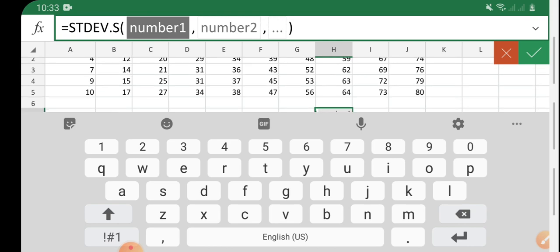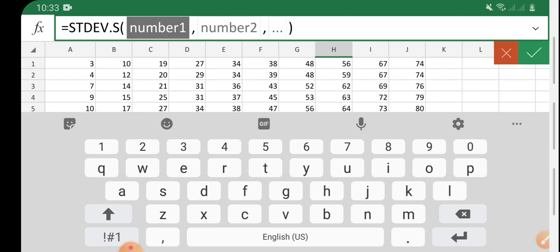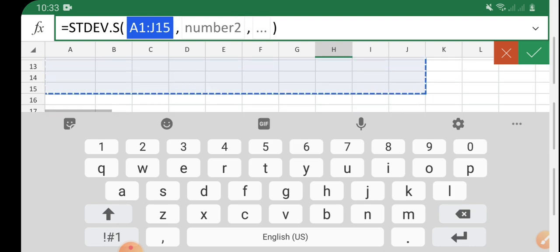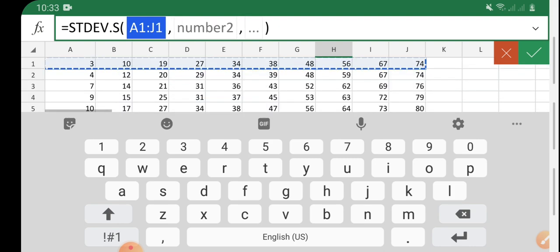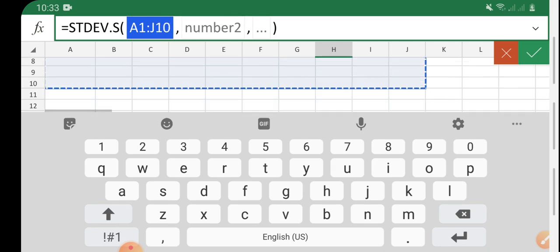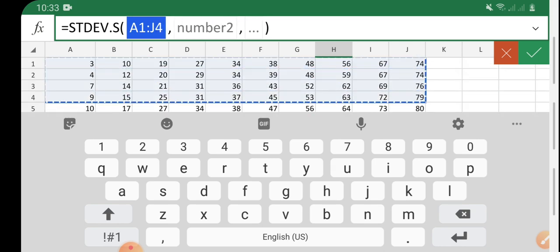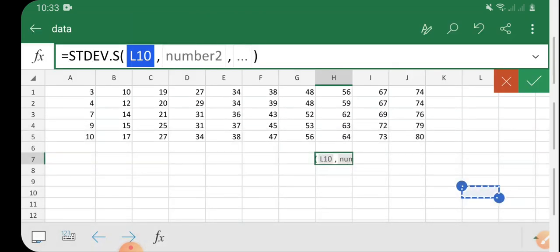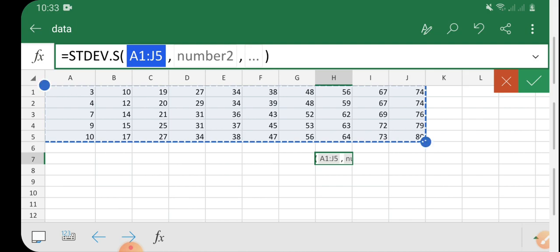Then next, you have to press A up to the last part, up to this one. Drag it up to 80. Again, from A1 up to 80.